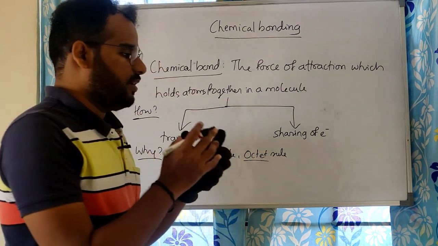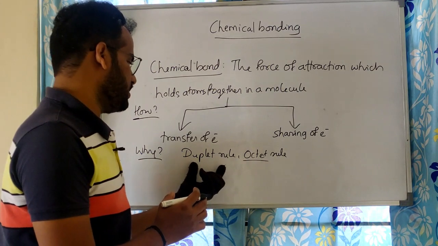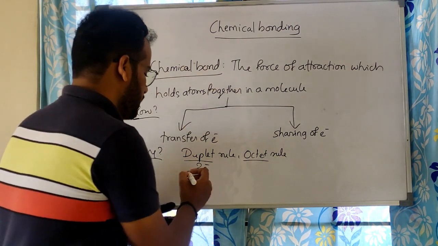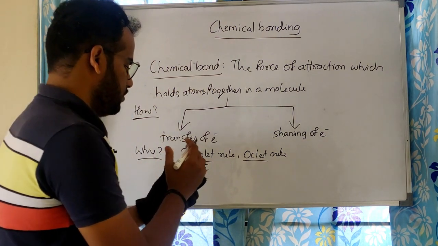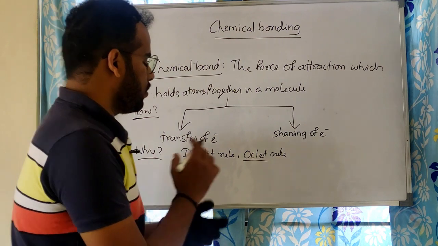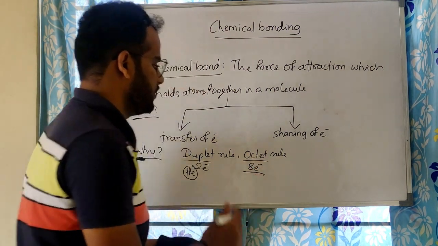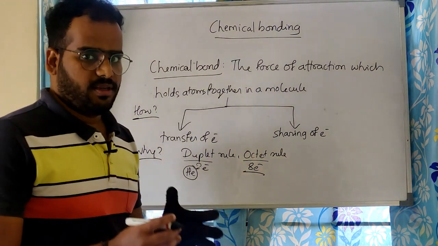Octet rule means every element wants to attain 8 electrons, except certain elements which want to attain 2 electrons in their outermost shell, like they want to attain the electronic configuration of helium, like hydrogen, lithium, beryllium. But all other elements want to attain 8 electrons in their outermost shell. So that is called the octet rule. A chemical bond is formed to attain stability.